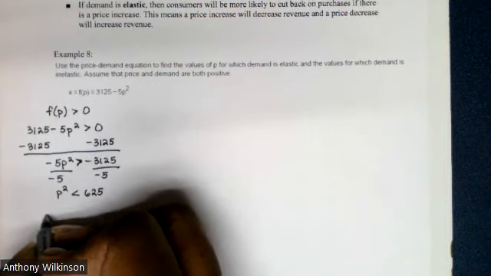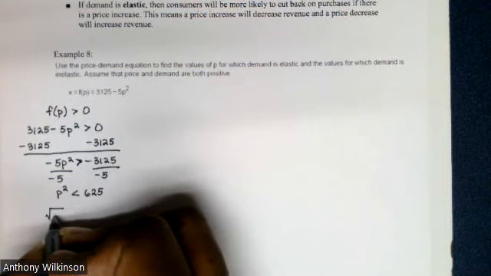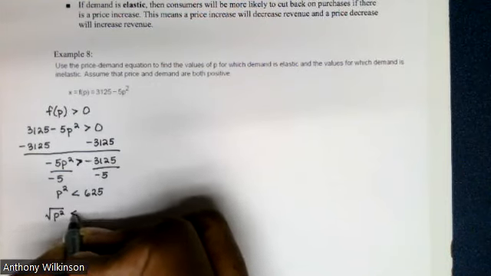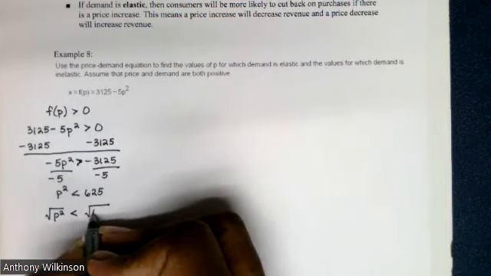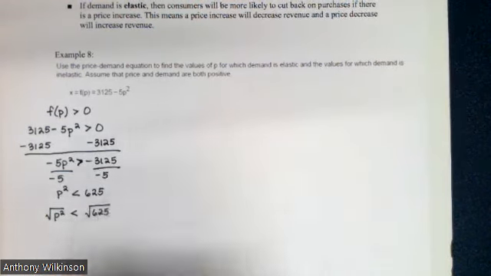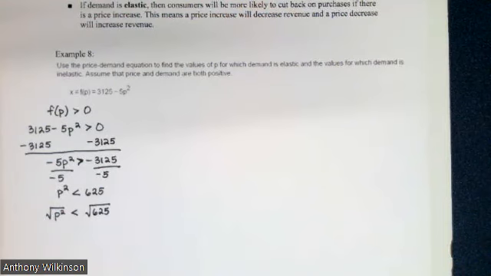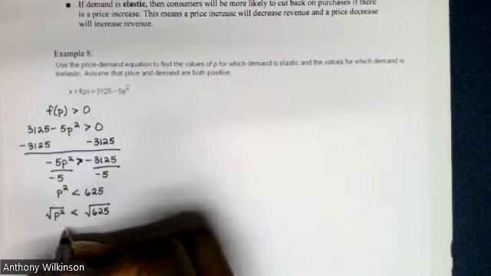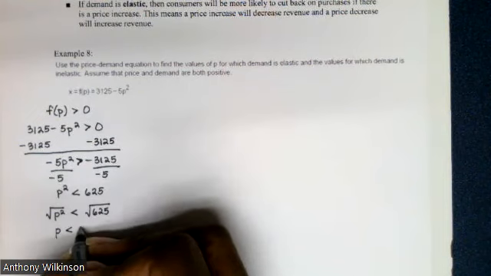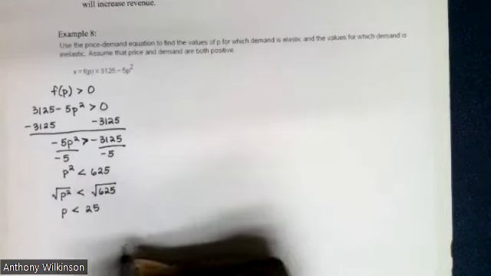And then if I take the square root on both sides of this inequality, and notice I'm not using plus or minus because our price is assumed to be positive. So that means our price can't be negative. So in this case, P will be less than 25.